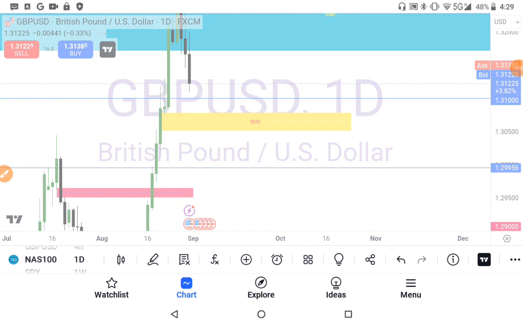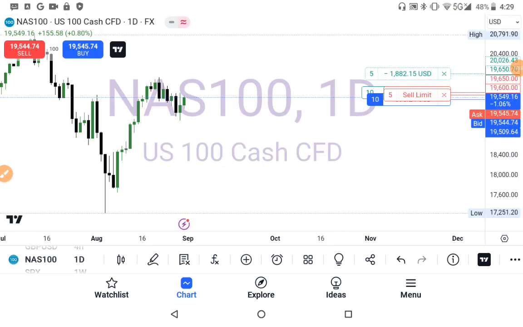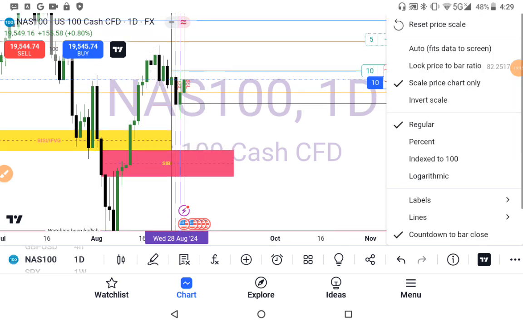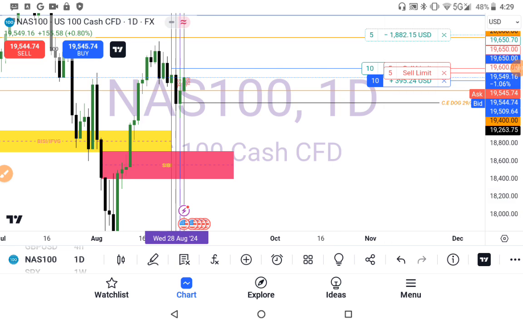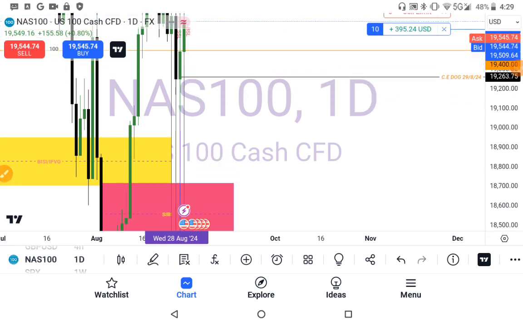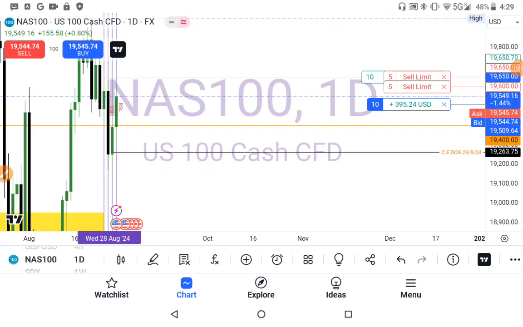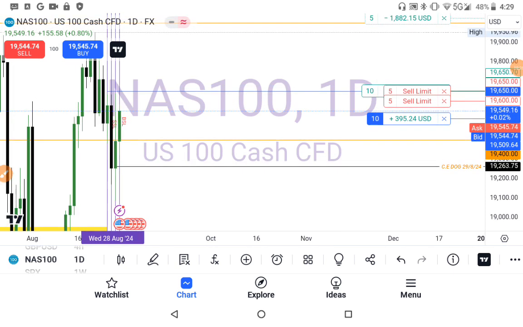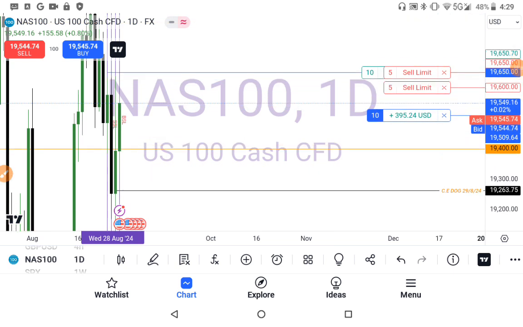Then Nasdaq. I don't want anything to be complicated. I have running trades on Nasdaq.